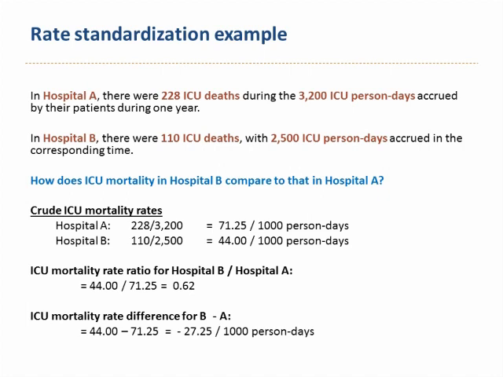We can calculate the ICU mortality rate ratio comparing Hospital B and Hospital A, and we see that the rate ratio is 0.62, indicating that Hospital B has a lower mortality rate than Hospital A. We can also compare the rate difference by subtracting the rate in Hospital B from the rate in Hospital A, and we find that Hospital B has 27 fewer ICU deaths per 1,000 person days than Hospital A.